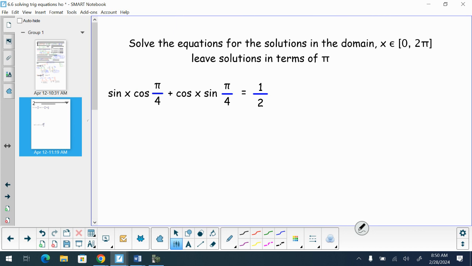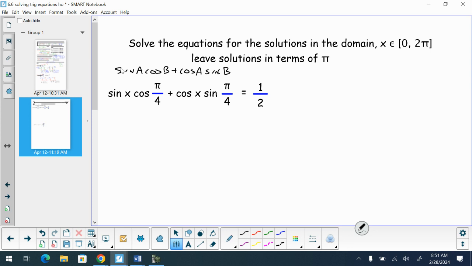Sine of x times cosine of pi over 4, plus cosine x times sine pi over 4, is equal to 1/2. Now what we need to do is go back and recall our angle addition formulas, where A is our x value and B is our pi over 4.